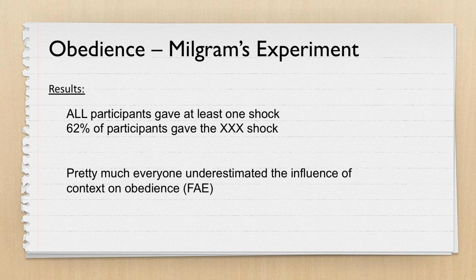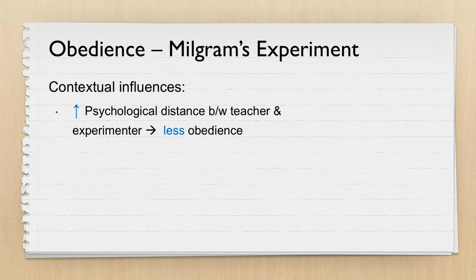Pretty much everyone underestimated the influence of context on obedience. Milgram found that a number of situational factors affected how obedient participants were. We will talk about the key theme among these factors, which is the psychological distance.